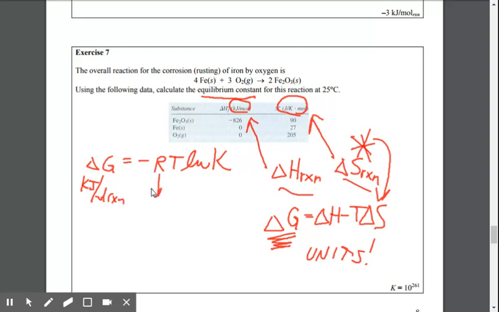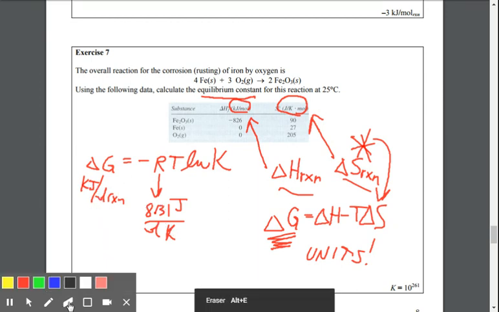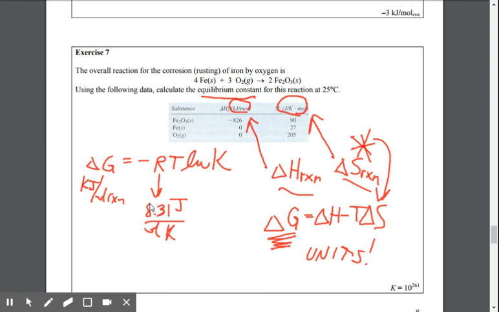Remember how we talked about the R value that I use here is 8.31. That is in joules per mole Kelvin. So these units, again, do not match up. So what I'm going to have to do there is make sure that they match up by converting one or the other.